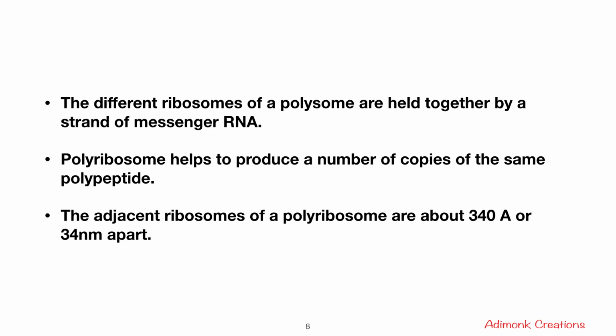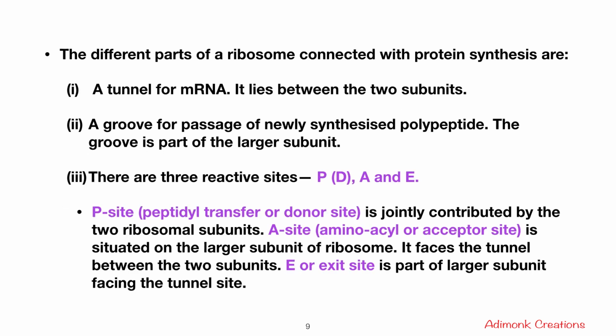Polyribosomes help to produce a number of copies of the same polypeptide at once, and the adjacent ribosomes in a polyribosome are about 340 angstrom or 34 nanometer apart.